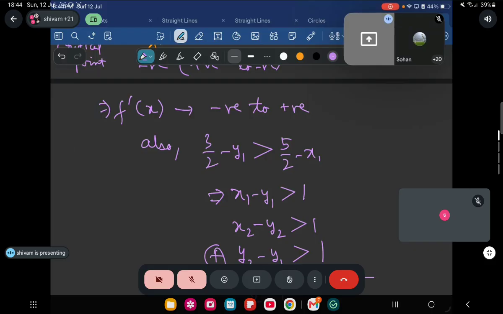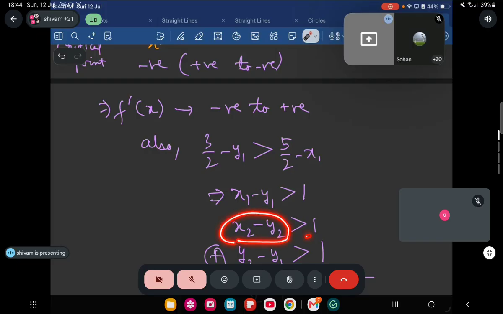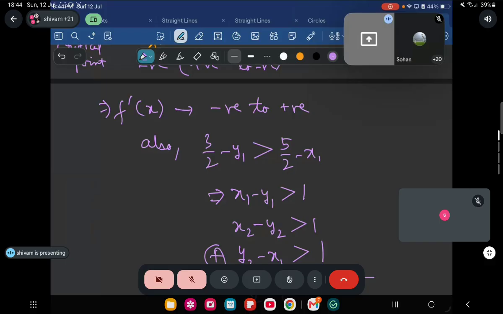The difference between consecutive points is greater than 1. x2 minus y2 is greater than 1, and y2 minus x1 is greater than 1. When you add, y2 will get cancelled, and you will get x2 minus x1 is greater than 2. Are you getting it?